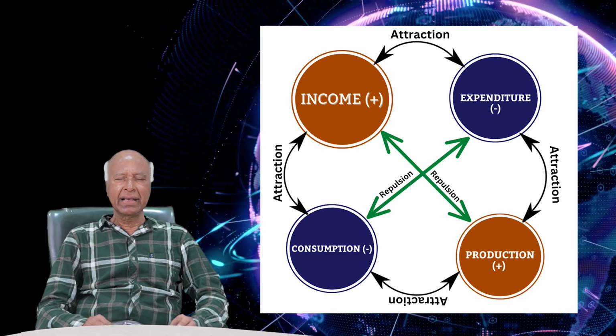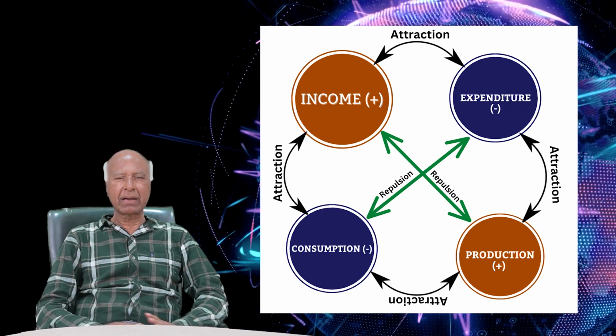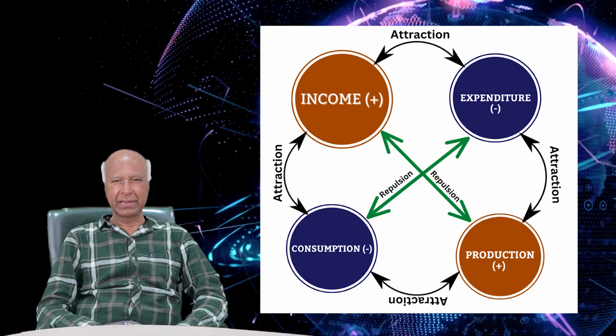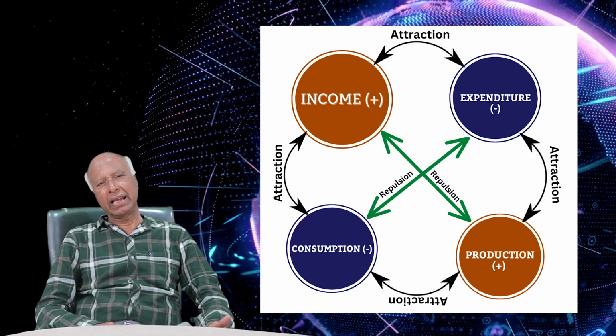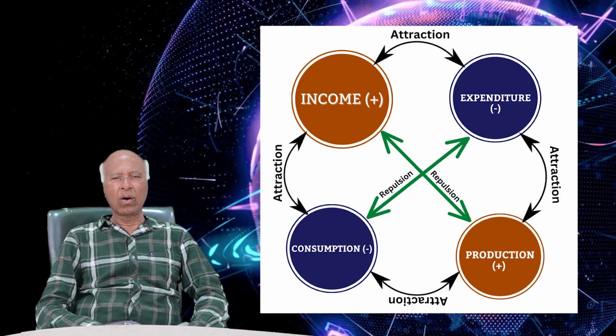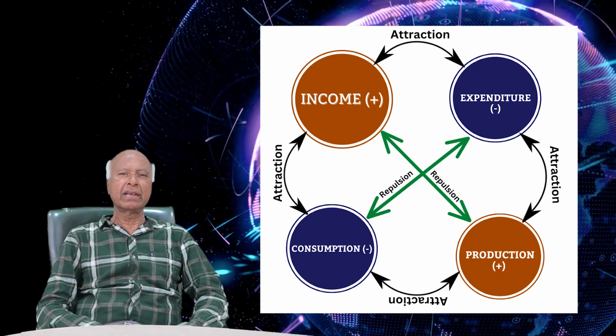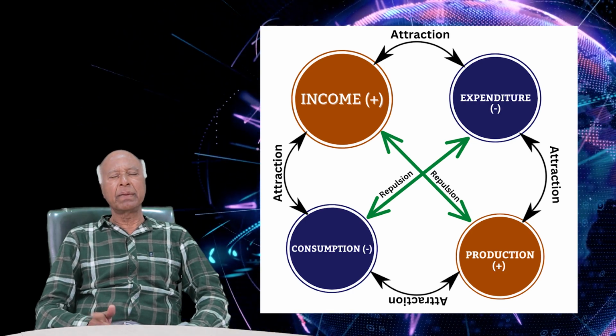So this is a static equilibrium, but it never happens. It is always changing. Either the income is affecting consumption, or it is the production which is affecting the income and expenditure.